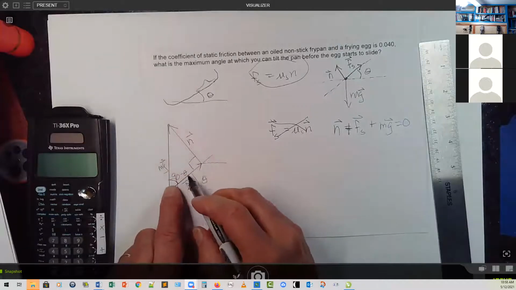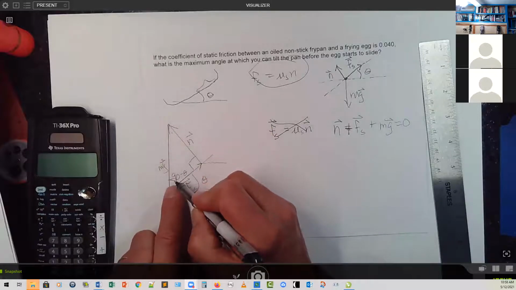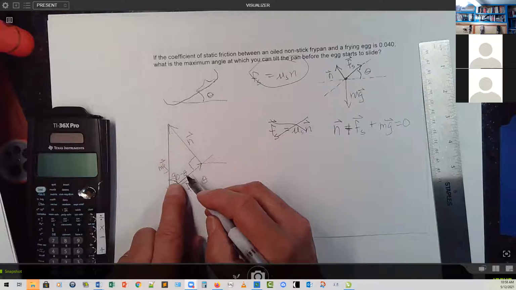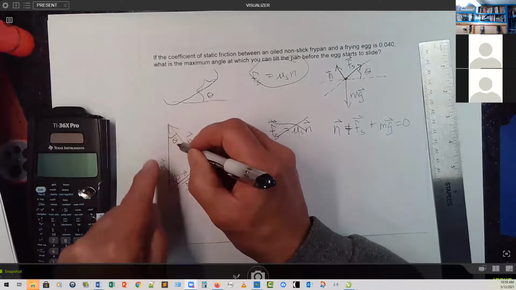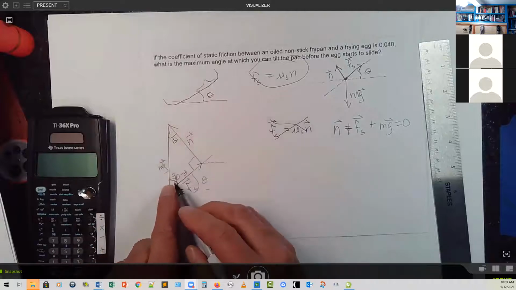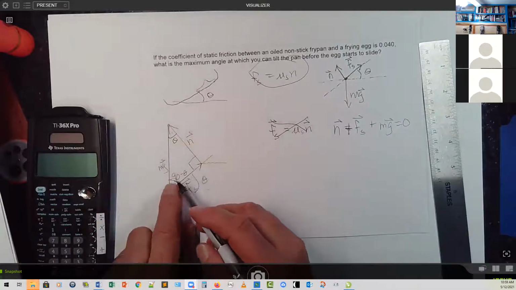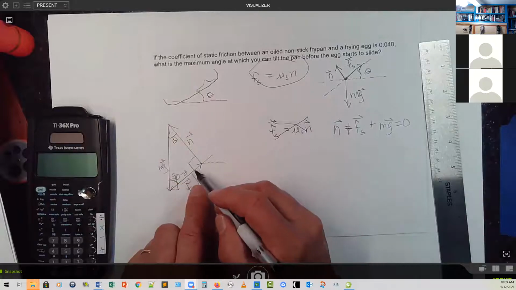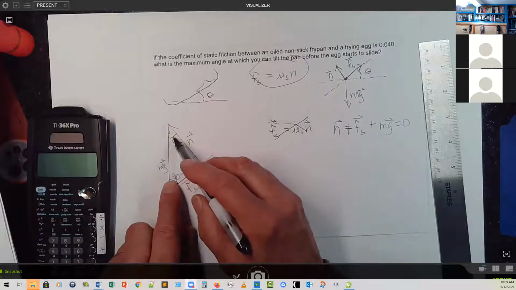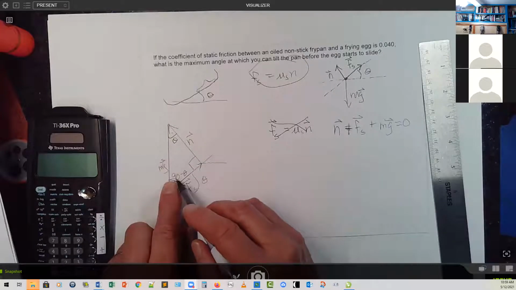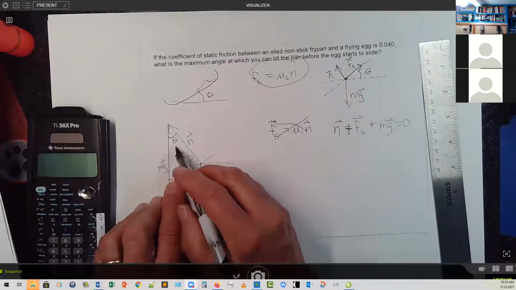And in a right triangle, this angle and this one have to add up to 90 degrees. So if this one's 90 minus theta, this one has to be theta so that this angle plus this one equals 90 degrees. The three angles in a right triangle, in any triangle, add up to 180 degrees. And if you already have one 90-degree angle in them, then the other two have to add up to just 90 degrees. So that's how I know that this is 90 minus theta and this is theta.